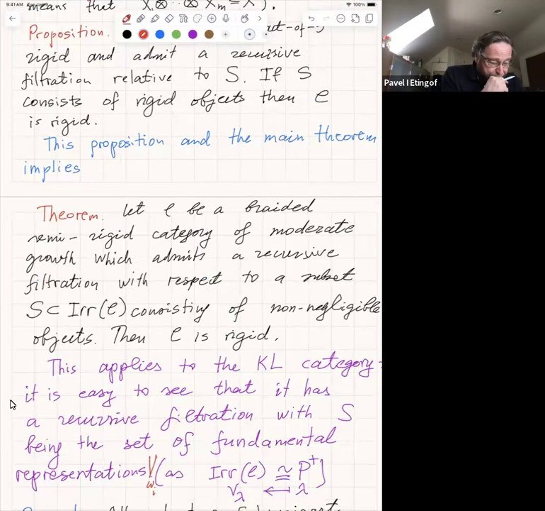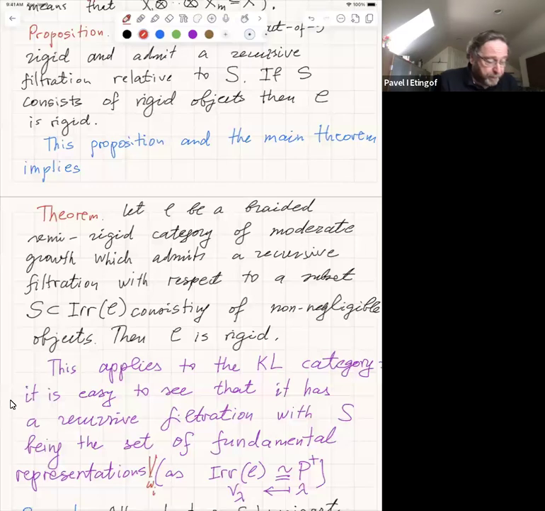So that's something that can be used in the Kazhdan-Lustig case. In fact, one can see that it has a recursive filtration with S being the set of fundamental representations.